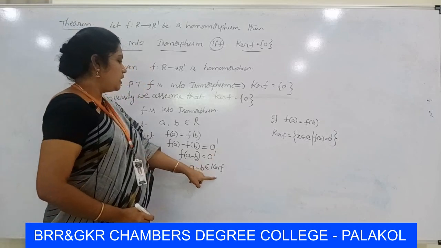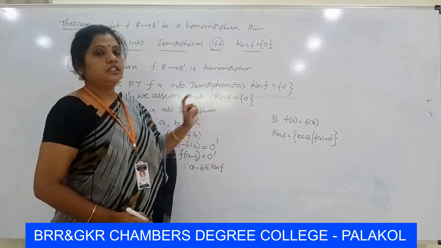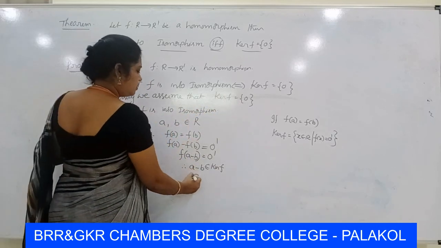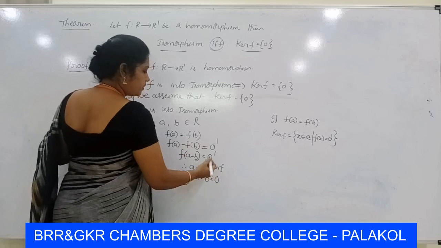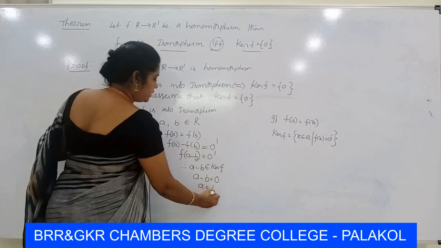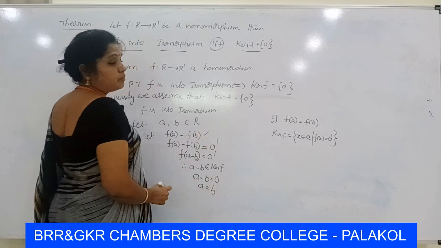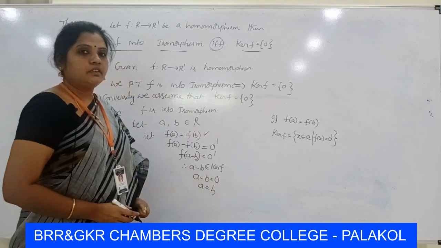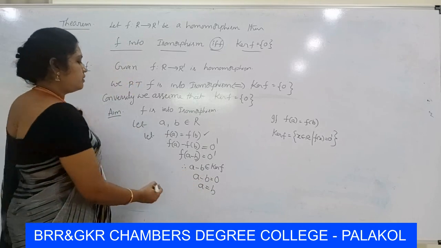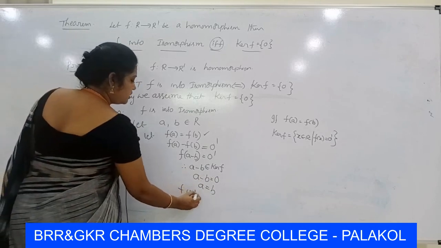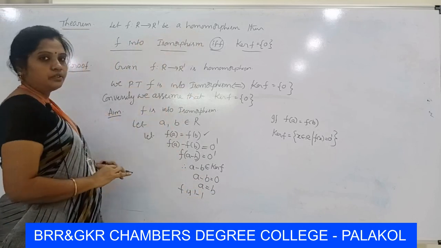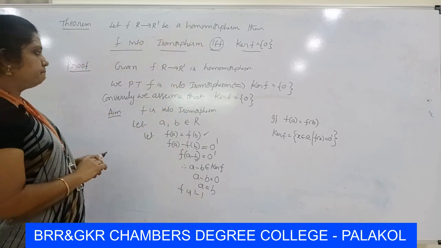Kernel f contains only the single element 0. So then a minus b is equal to 0, so a is equal to b. Here we took the images equal and got their elements equal. Therefore f is one-one. Already f is a homomorphism. Then f is an into isomorphism.